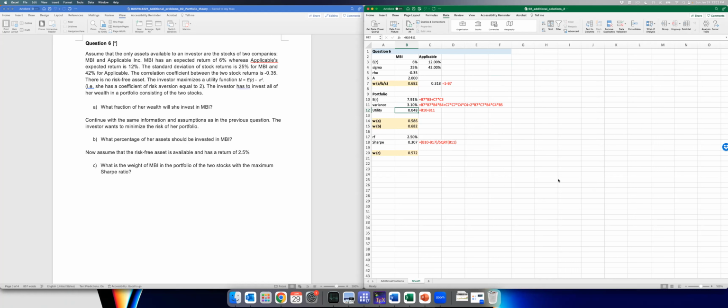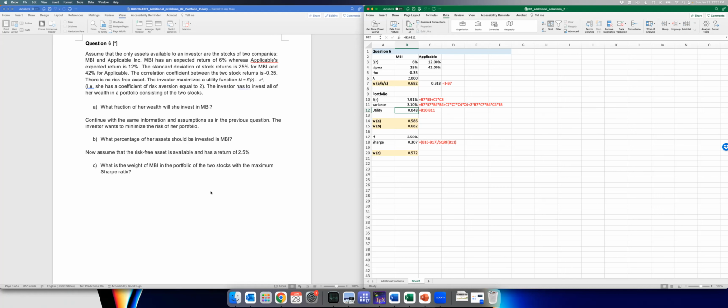Final question. Assume that the risk-free rate is available and has a return of 2.5%. What is the weight of NBI in the portfolio of the two stocks with the maximum Sharpe ratio? Now we have three assets. We have a risk-free asset and two stocks.